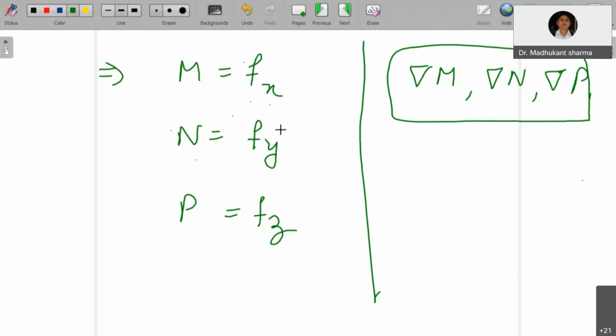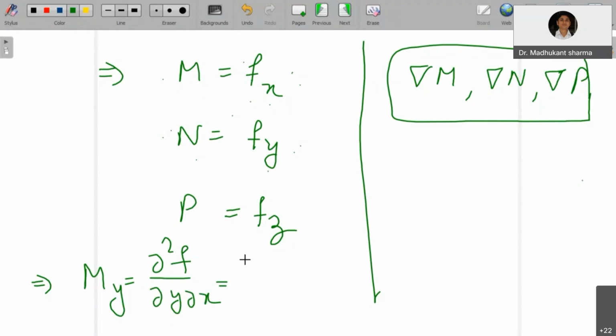Similarly, dou N by dou x you can find out. The mixed derivative theorem tells you that both have to be the same. So dou M by dou y equals dou square f by dou y dou x, which equals dou square f by dou x dou y, and that equals dou N by dou x.